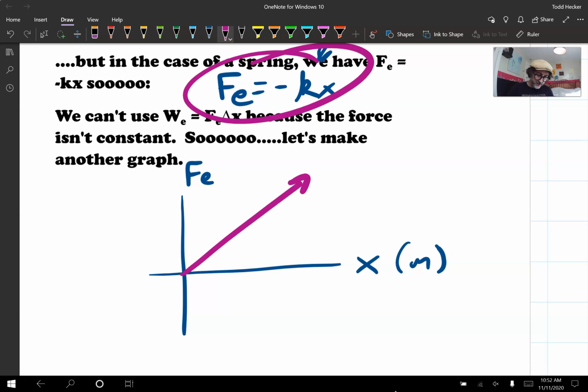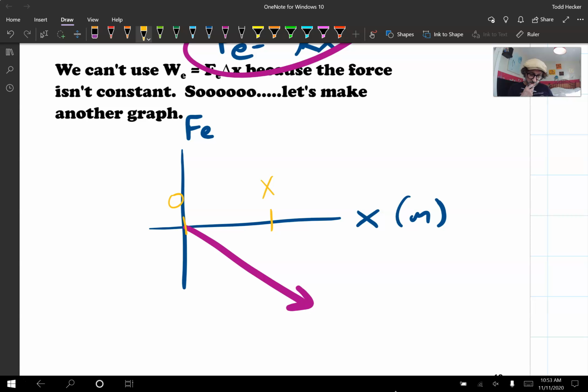Okay. So suppose I want to figure out how much work the spring does from 0 to some final position. Okay? All right, well, based on what we just learned, it should just be this area, right? Okay, so what would that area be? So let's see.